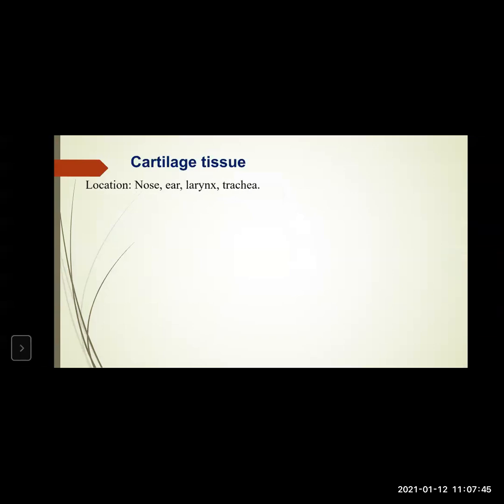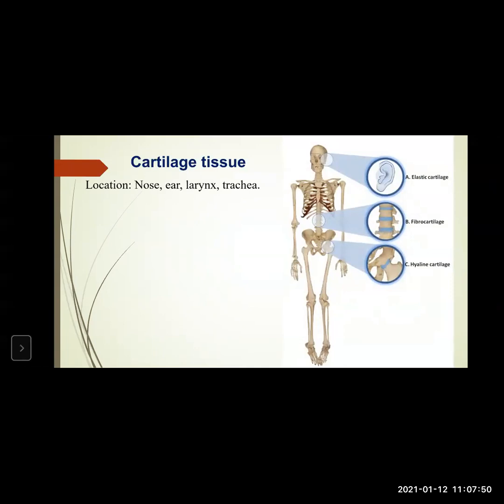Next tissue is cartilage. Where is cartilage present? It is present in the tip of the nose, ear, and in between all the joints. See, this is the backbone.